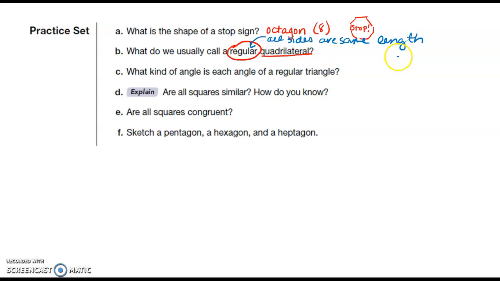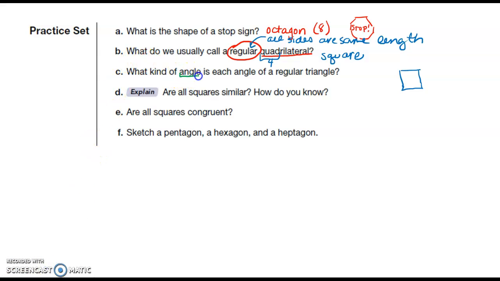If you have a regular hexagon, all 6 sides are the same length. But quadrilateral, quad means 4. So what do we usually call a 4-sided figure where all of the sides are the same length? It's a square. Kind of like a math riddle.